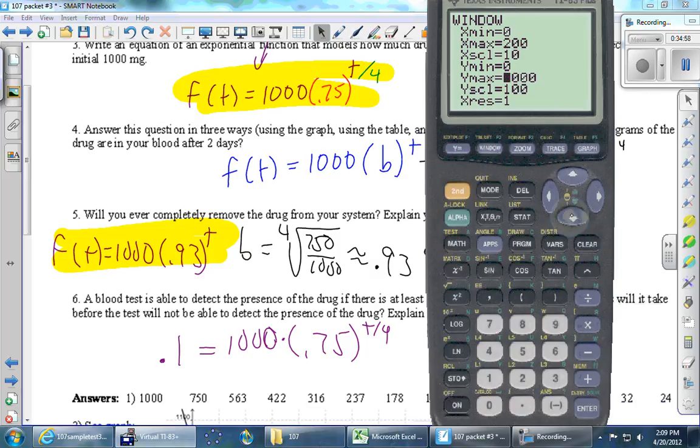So how about we just go 0 milligrams to, say, 2 milligrams. What are we going to see for most of the left-hand part of this graph? Nothing. Where's the graph? Way off the top of the screen. But now I can see my point of intersection. And so you can find that by using intersect. Soon enough, we'll be able to solve that algebraically, which I know will let you sleep better at night.